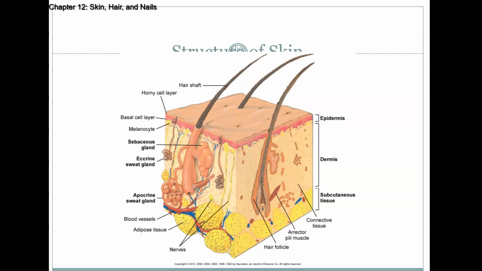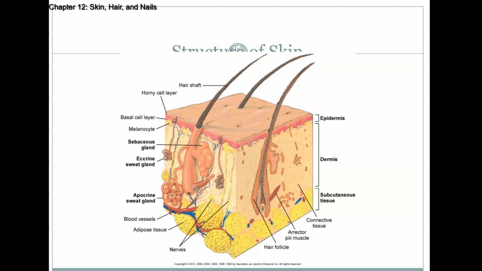The dermis is quite a wonderful layer that contains the actual hair follicle. You have apocrine and eccrine, which are sweat glands, and sebaceous glands. You have the melanocytes for skin pigmentation, connective tissue, all of those types of things.